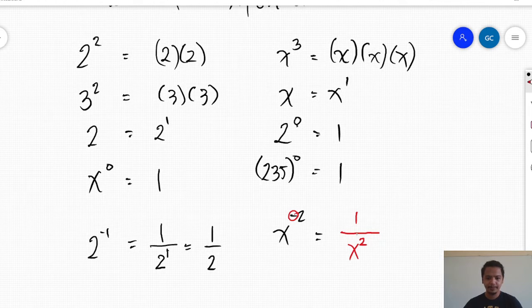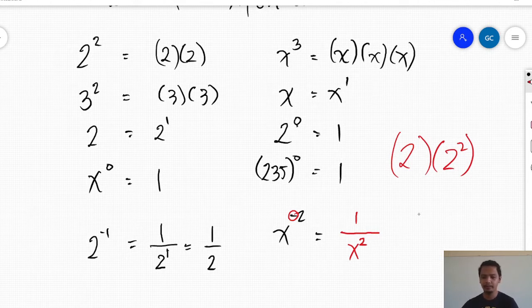So, alam naman natin, when it comes to mathematics, hindi ito lang yung laging binibigay. So, paano pag may mga cases na halimbawa, meron tayong 2. Minultiply natin siya sa 2 raised to 2. Paano natin yan i-compute? Or paano natin yan isusulat? Or halimbawa, kapag variables naman, meron kang x raised to 3.